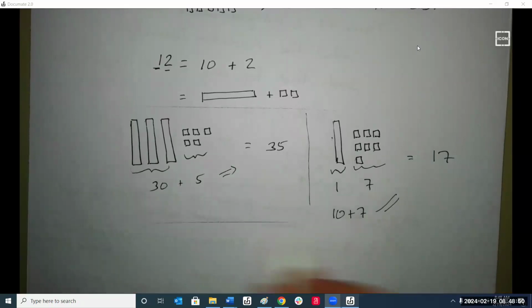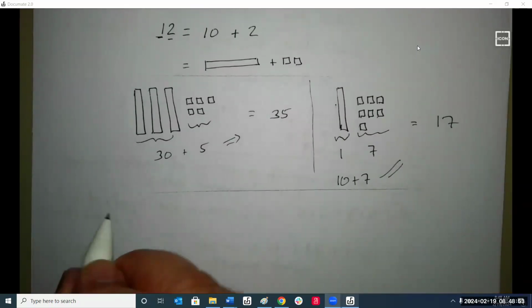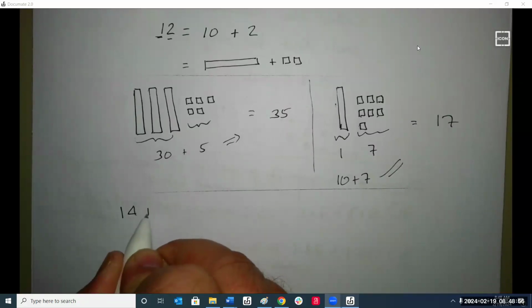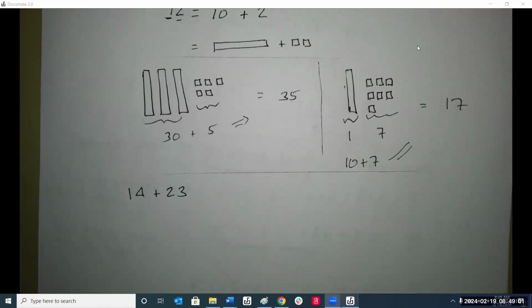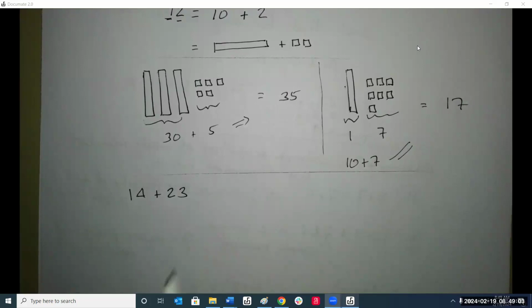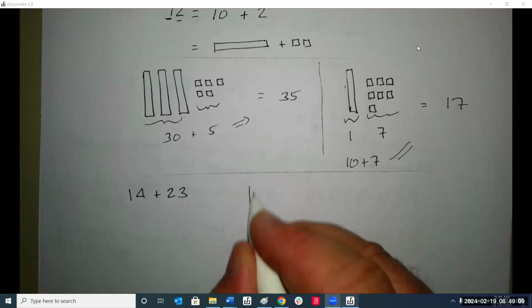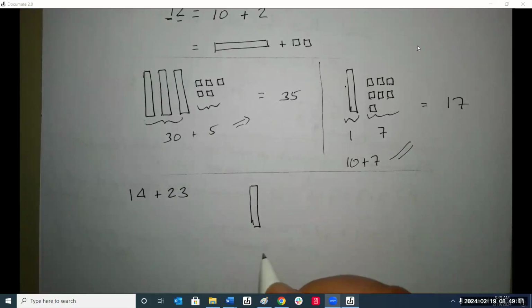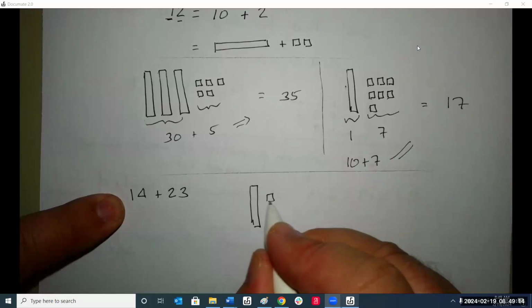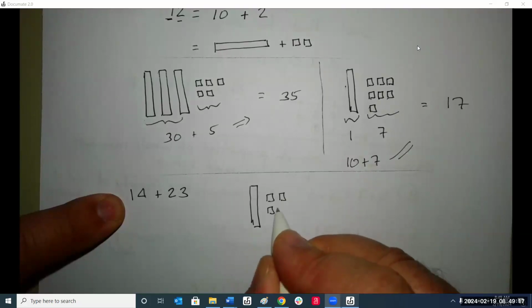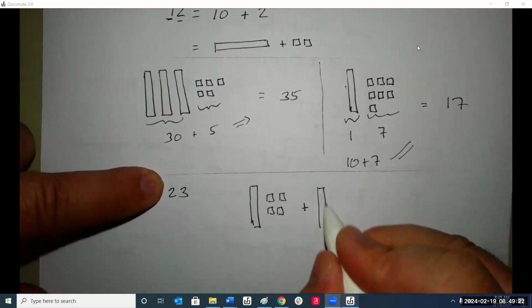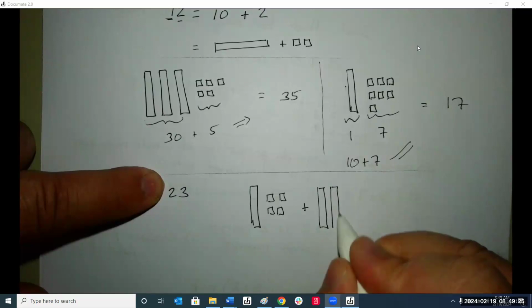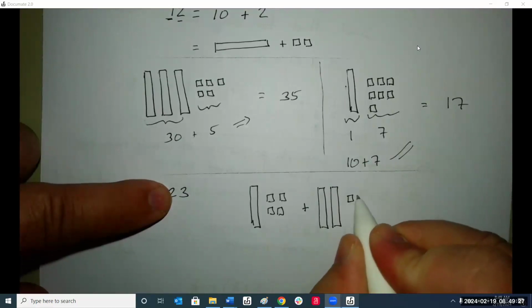Let's look at an example here. Let's say we have the number 14 plus 23. We'll first have them do it with blocks. So 14 is represented by one big long one, that's the front number, and 4 blocks, plus 2 big long ones and 3 small blocks.